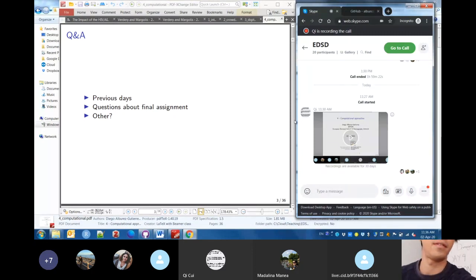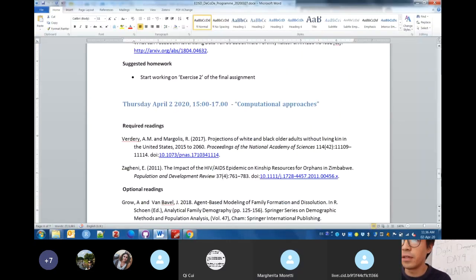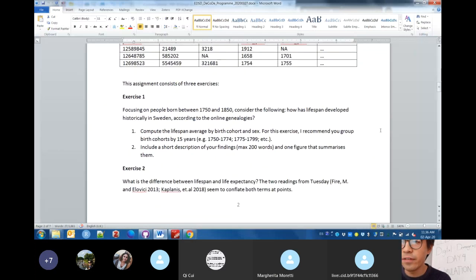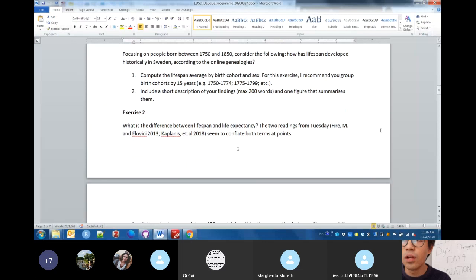Something else? I have a question about the assignment for exercise 2, just to be sure. When you mentioned the 2 readings, which reading are you referring to? The one about longevity? In the assignment, it says in exercise 2.